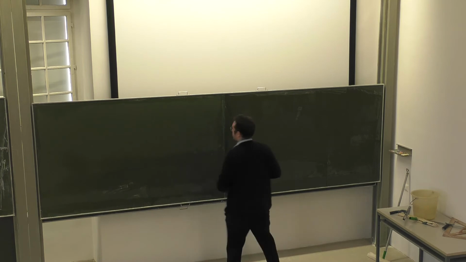Okay, so what is the connection between the negative Pell equation and the 2-parts of class group?